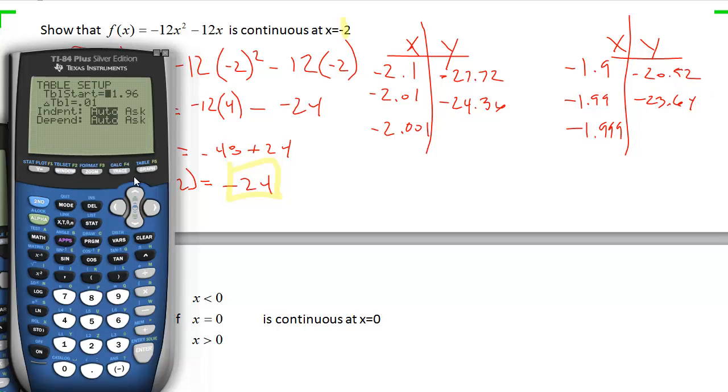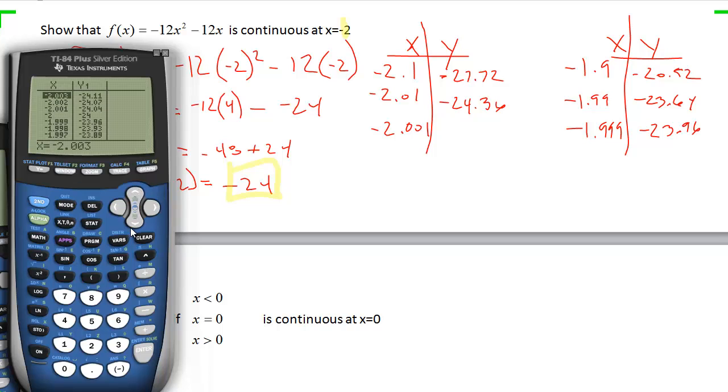We'll change our table set again real quick. At negative 1.999, we're at negative 23.96.